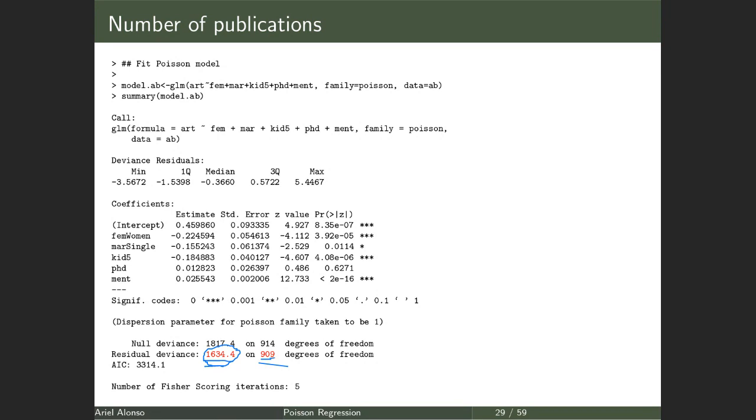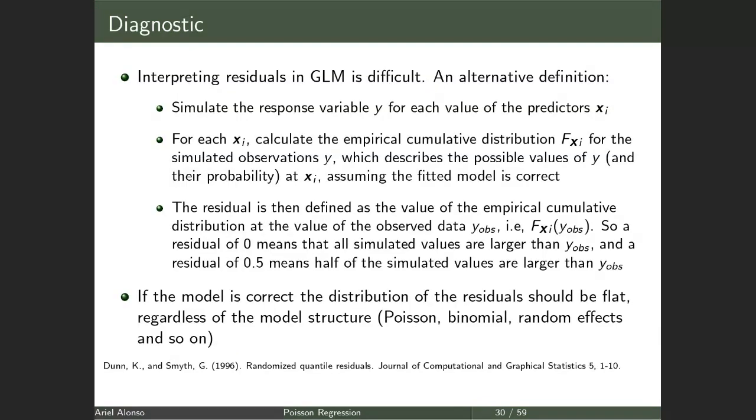Now, you have to be careful here, because we may not have clustered data, repeated observations for each value of the predictors, because we have some continuous or quasi-continuous variables here, the number of children over here, the PhD covariate over here. So you need to interpret this carefully, but it can always give you an idea. So we may have a problem with this model.